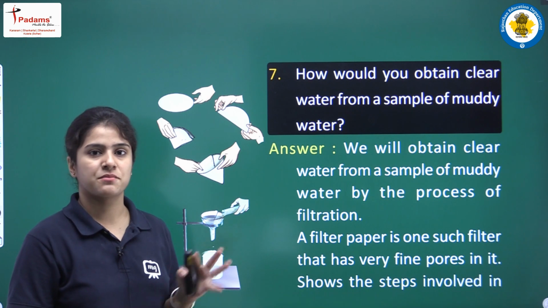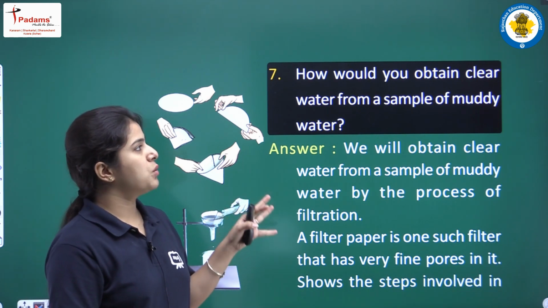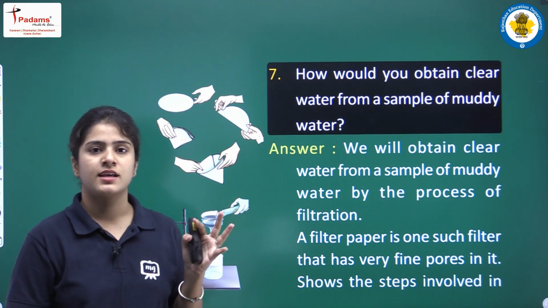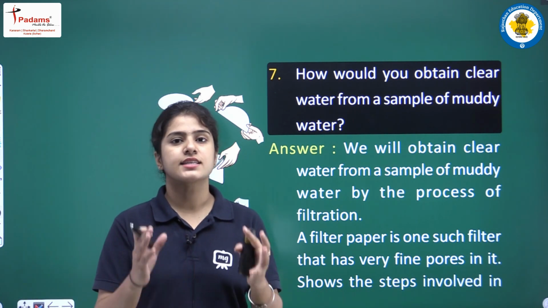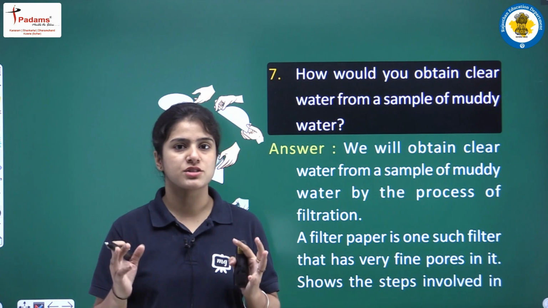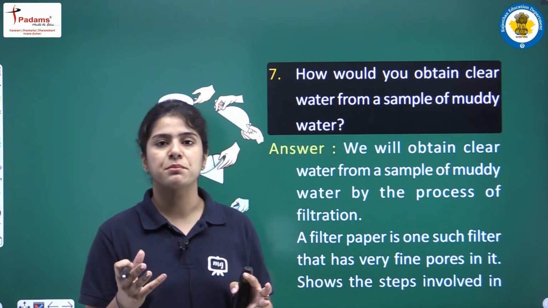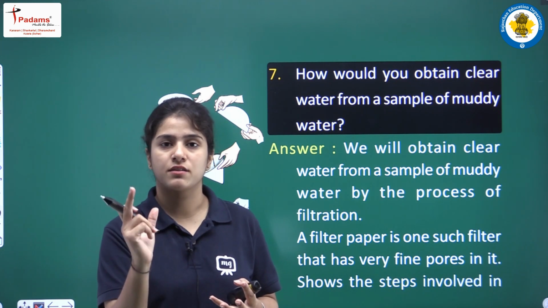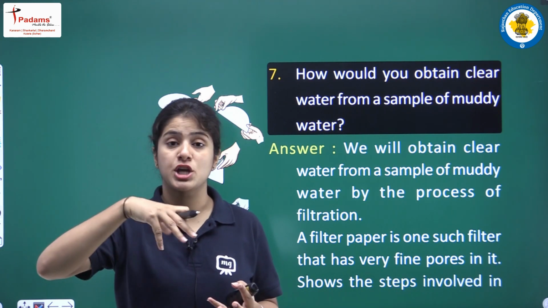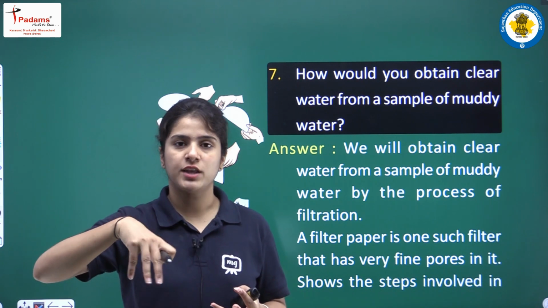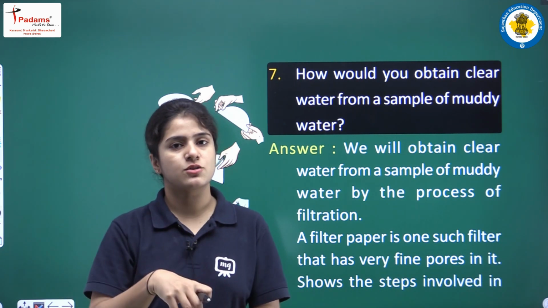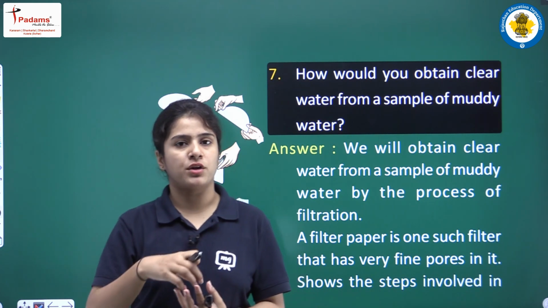How would you obtain clear water from a sample of muddy water? This can be done with the process of filtration. How? You have a filter paper, and you fix that filter paper in the funnel by shaping it into a cone. When you have made the filter paper into the shape of a cone, you fix it into the funnel and pour the muddy water into it.